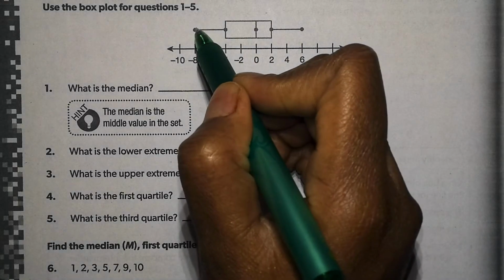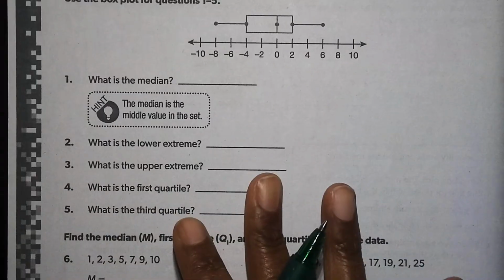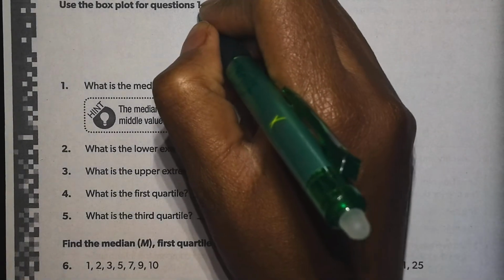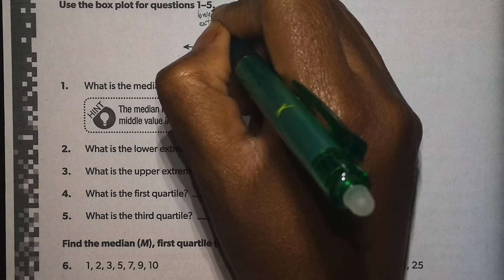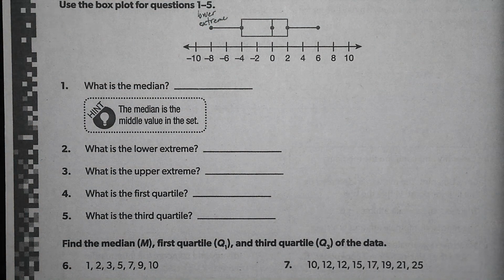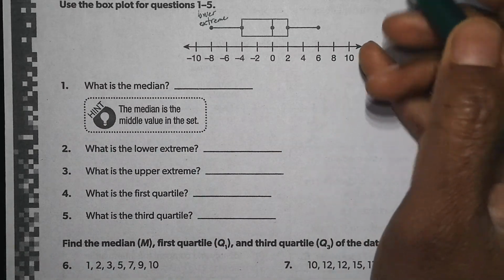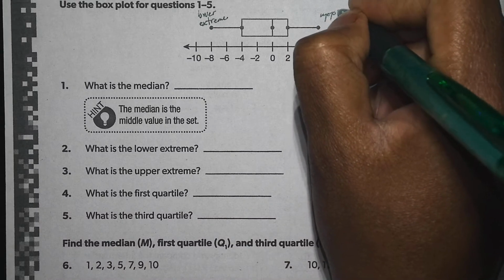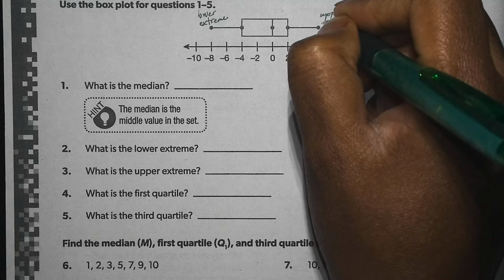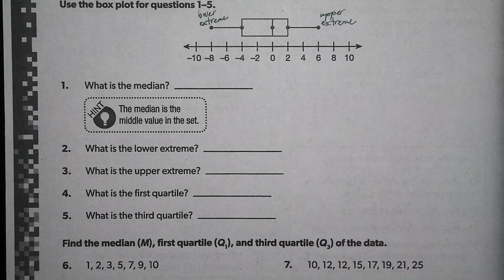Remember, this first dot would represent the lowest value, or they'll call it the lower extreme. And that's just a fancy way of saying the lowest value in the data set. And this dot here, the other whisker, is going to be the upper extreme.